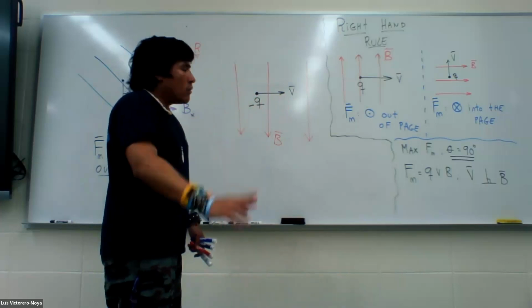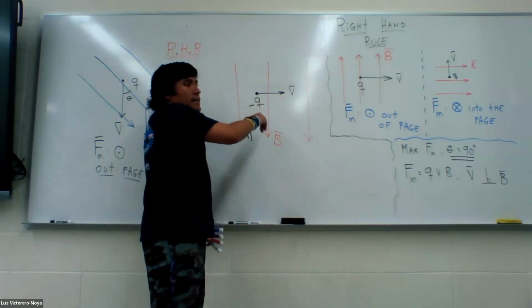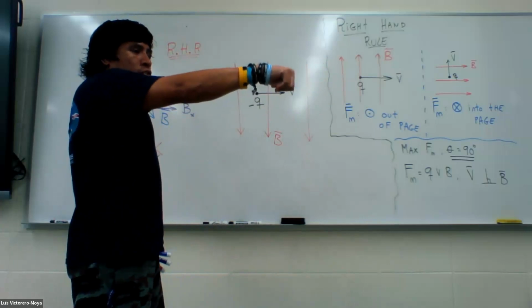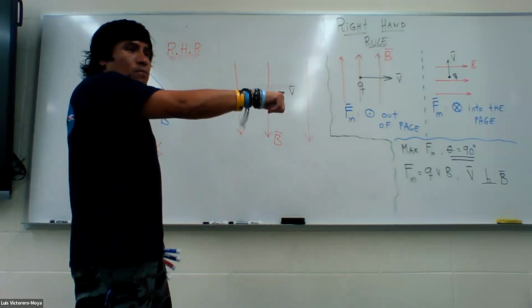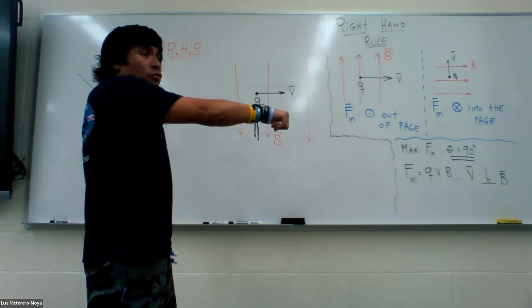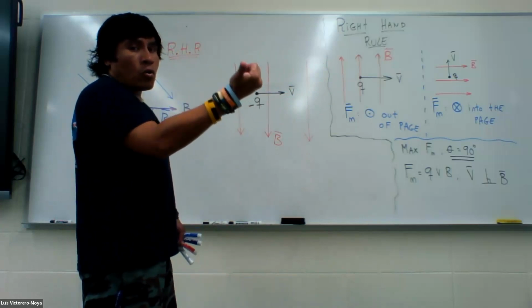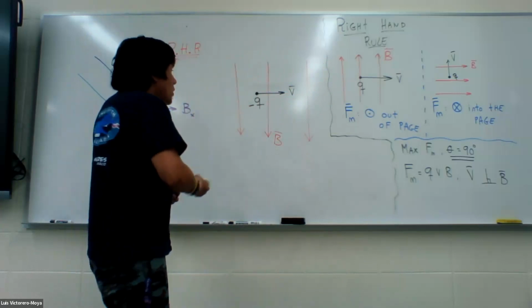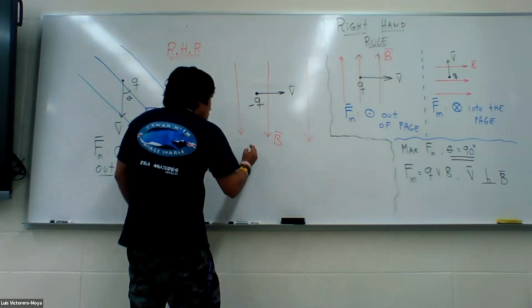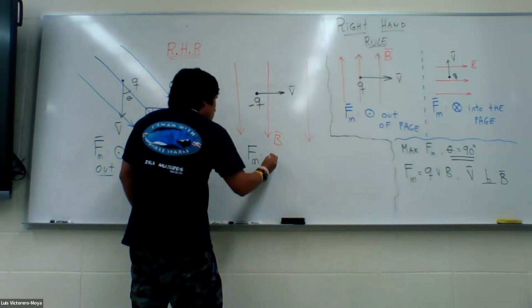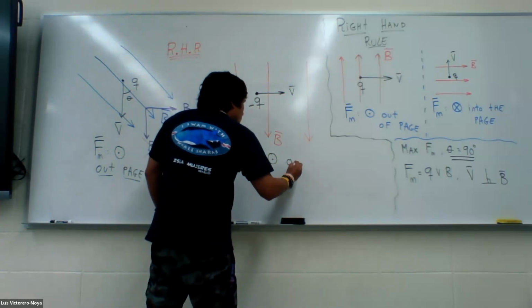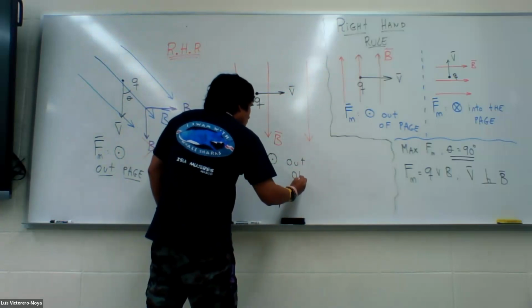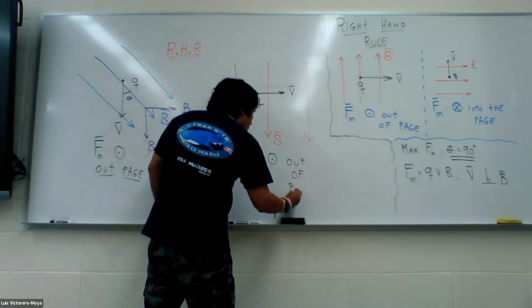But wait a second now. The charge is negative. So it's supposed to go into the page. But because the charge is negative, it goes in the other direction. So in this case, it also goes out of the page. All right.